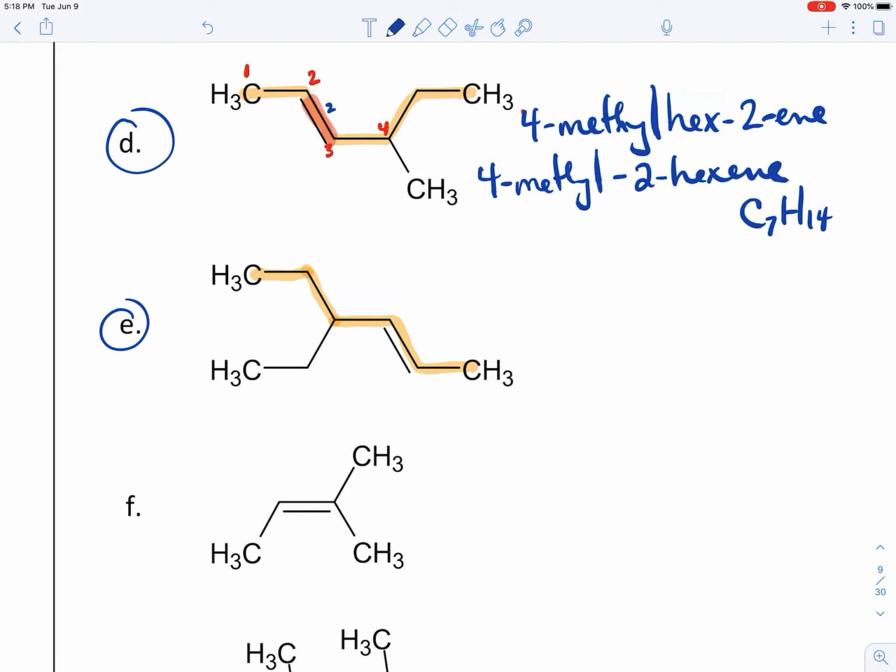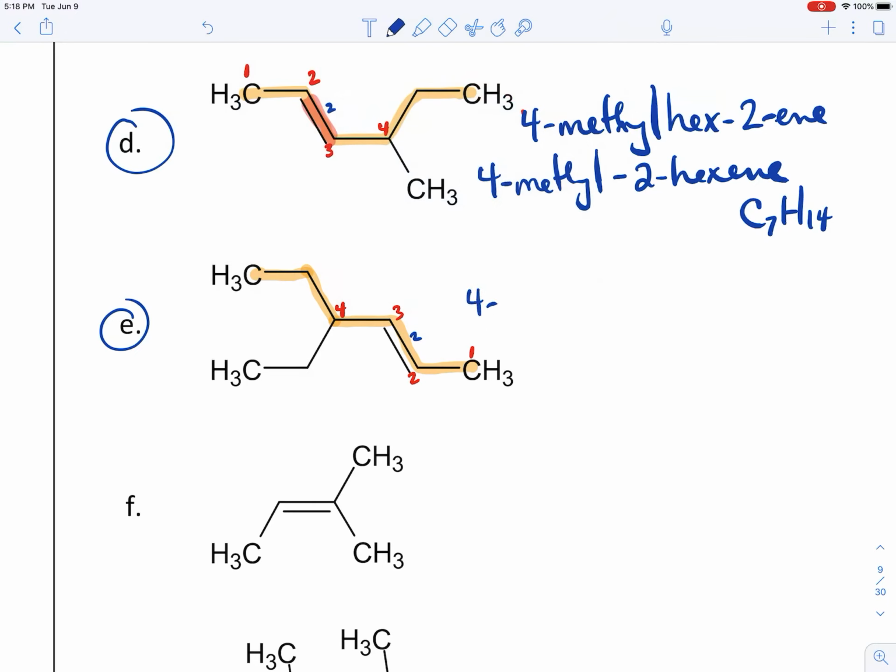And notice it's the second bond again which is the double bond, counting from the end of the molecule closest to the double bond. If we continue counting from that end, carbon 1, carbon 2, carbon 3, carbon 4 has a 2-carbon branch. So this molecule is very similar to the last one, but instead of a methyl branch on the 4th carbon, we now have an ethyl branch.